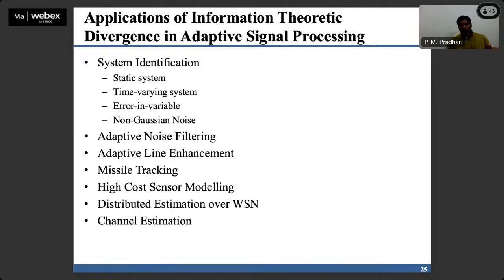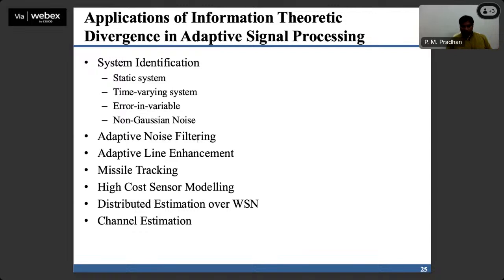Or you're dealing with non-Gaussian noise. We listed a few of the challenges that we normally face while dealing with the error square cost function. We'll see how the information theoretic divergence cost functions help us in dealing with those challenges. And some more applications are adaptive noise filtering, adaptive line enhancement, sensor modeling, distributed estimation.